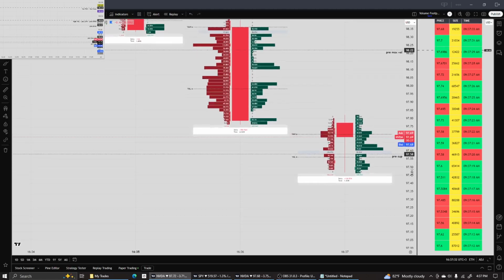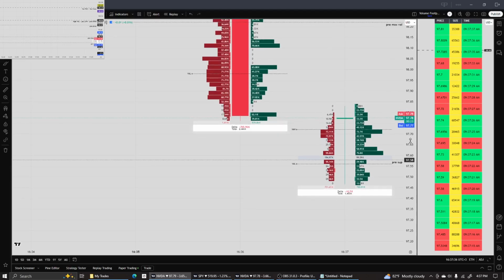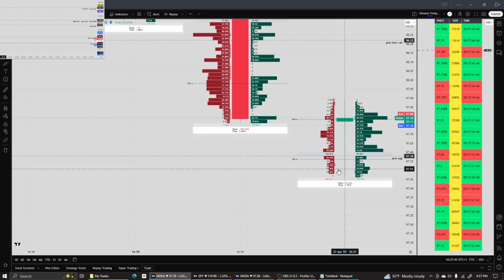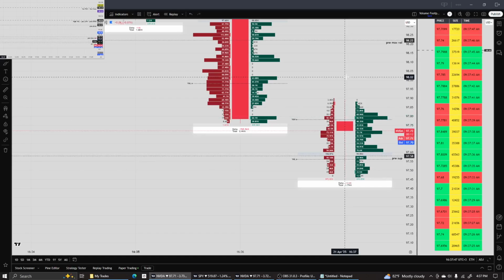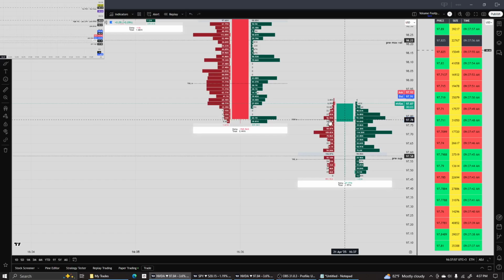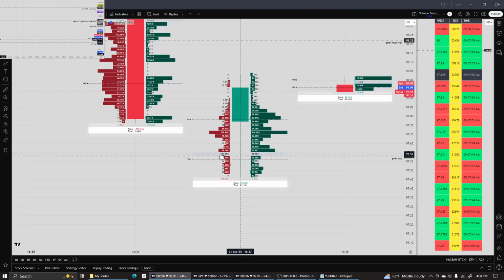Delta is very bearish, but let's watch. Okay, we are seeing recovery at 97.5. Very aggressive green delta, but a red candle. So there are a lot of limit orders here. Oh, very aggressive selling.